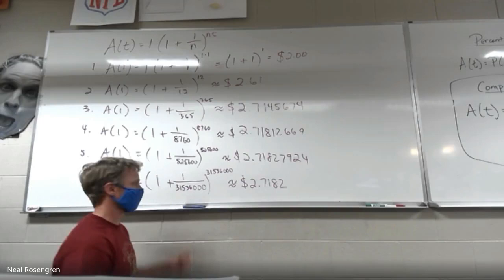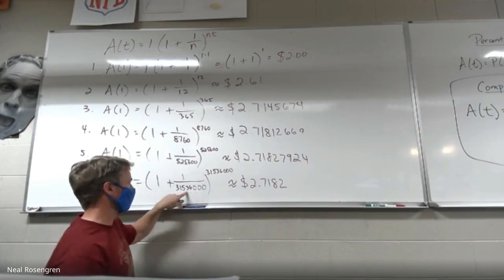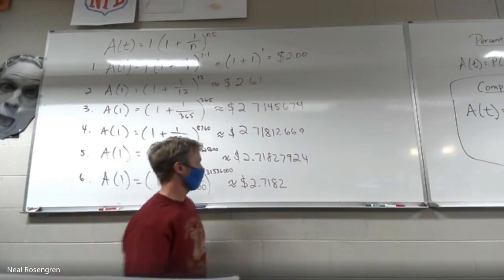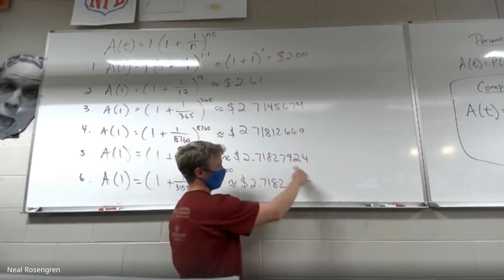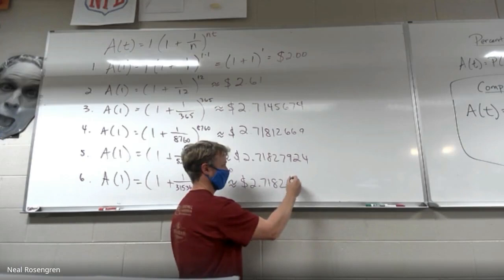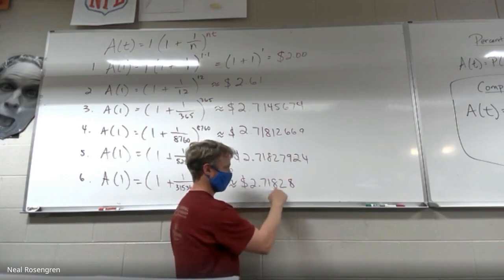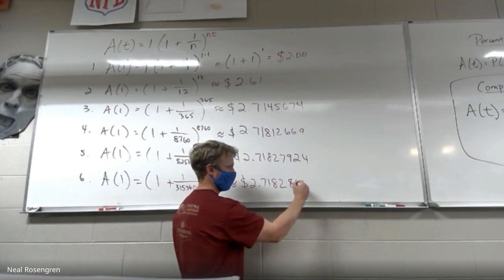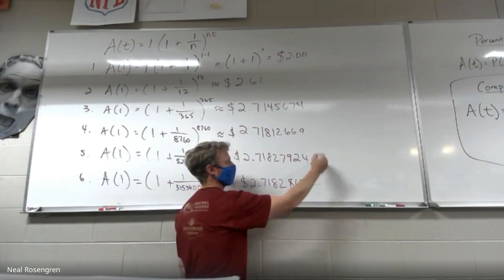It's a big number. It's a really, really big number. 31,536,000. Should be pretty close to that. Like, these are really, really close. 2.7182, maybe 8. 177, blah, blah, blah. These keep going.